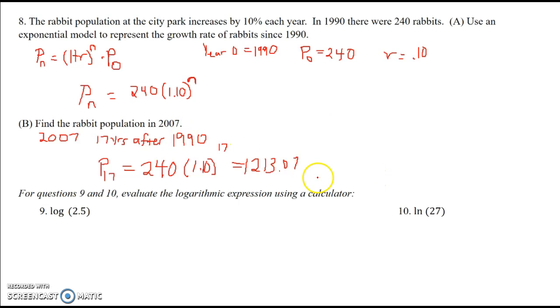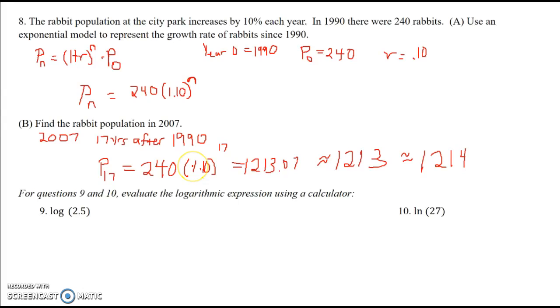So the rabbit population in 2007 is going to be approximately 1,213. Now, if you wanted, because of that 0.07, even though it's a very tiny amount, that's still going to represent another rabbit. You could say approximately 1,214 as well. Either one would be okay, because remember, these are just estimates.